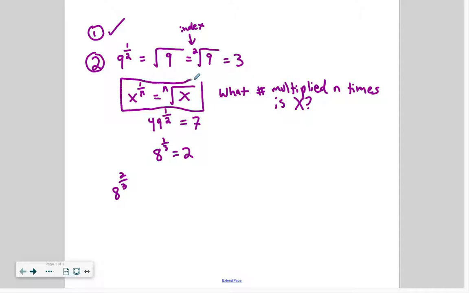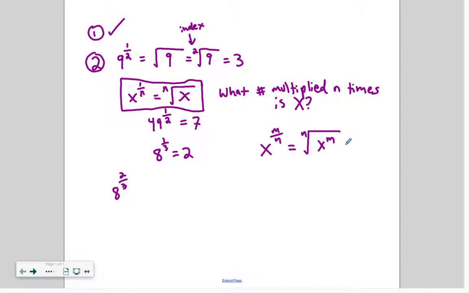I'm getting used to this trackpad thing that I'm using, which is a little weird. The second rule is x to the m divided by n is equal to the nth root of x to the m.